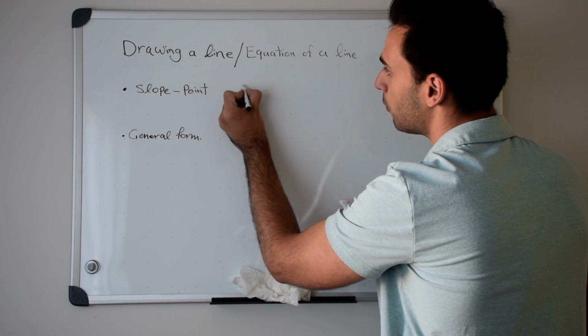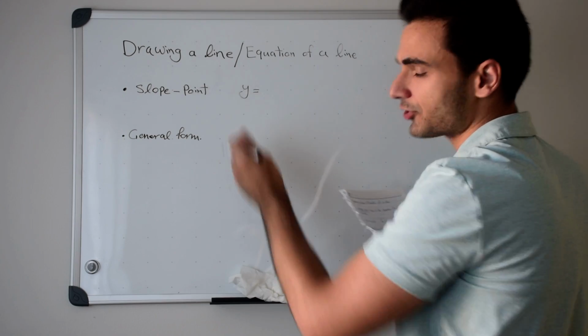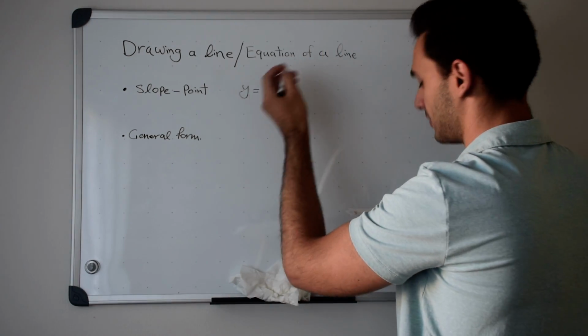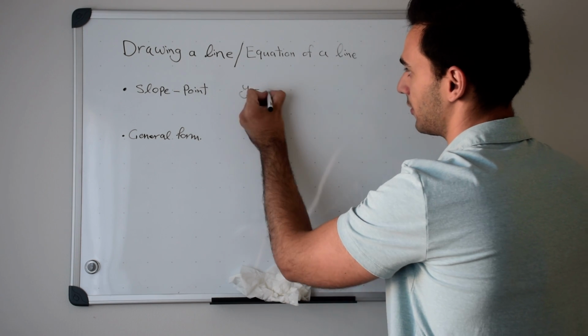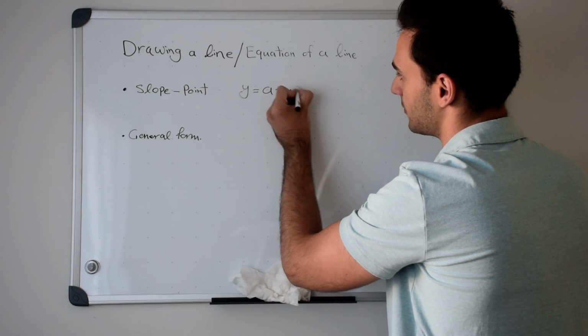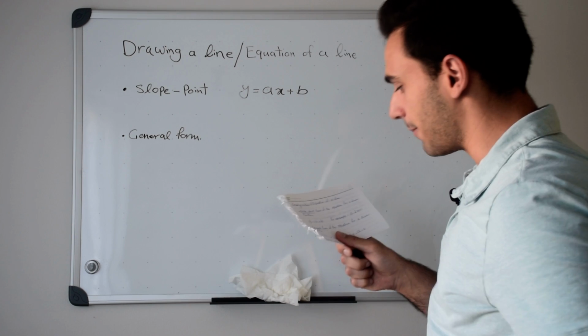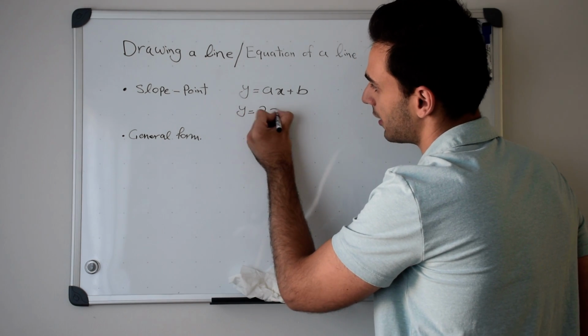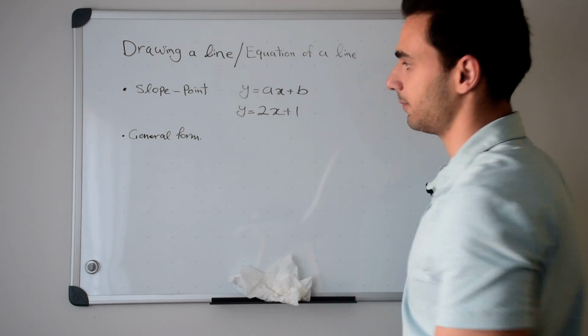When y is on one side of the equation, and on the other side we have x and our constant, like ax plus b. For example, it can be y equal to 2x plus 1.